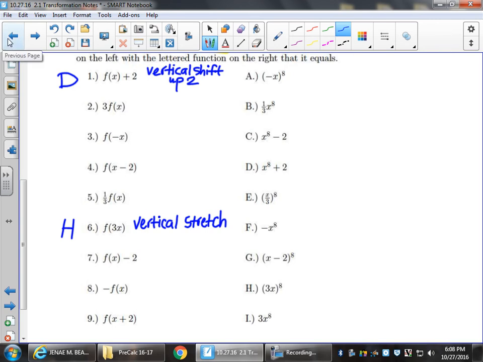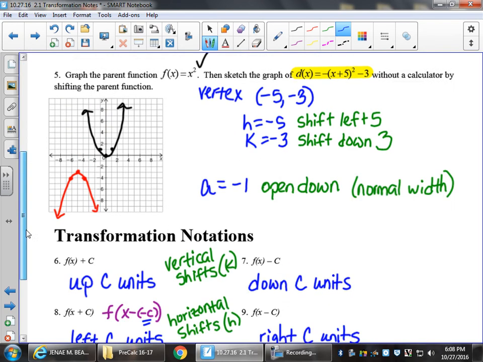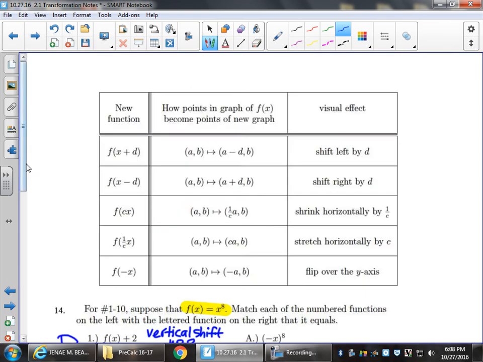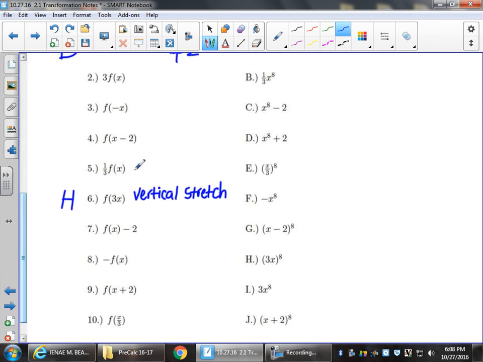Well, if I come back over here to our notes, 1 divided by c, which represents a fraction between 0 and 1, what did that do? Horizontal stretch. So this will be a horizontal stretch by a factor of 3. So this is going to be way more wide.